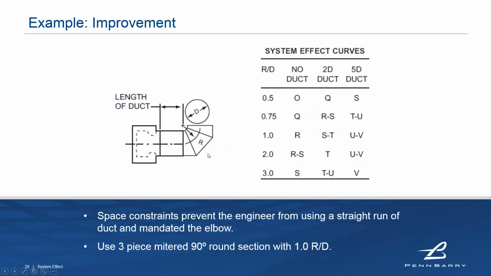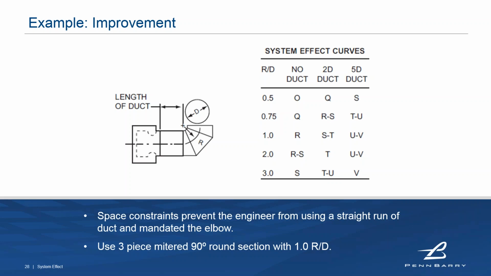So let's look at this example again, but instead of putting a 90-degree piece of ductwork right on the front of that fan, I'm going to have one length of ductwork.